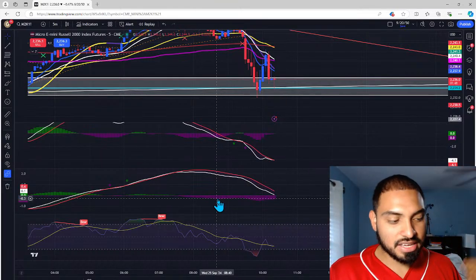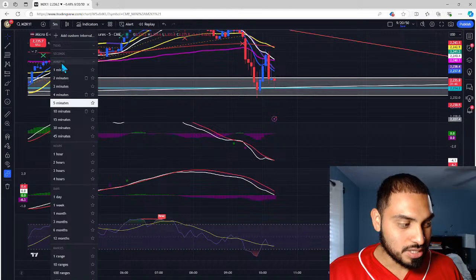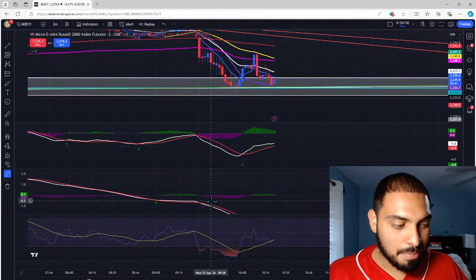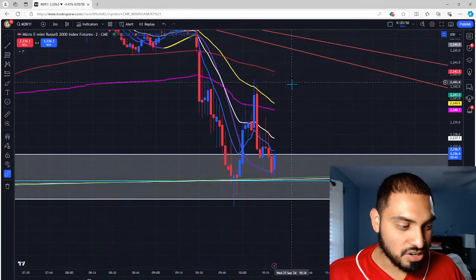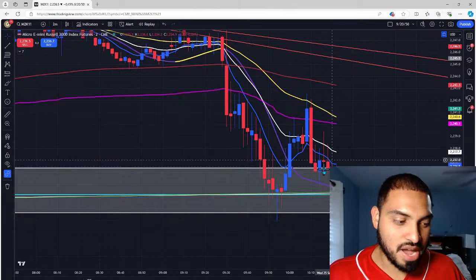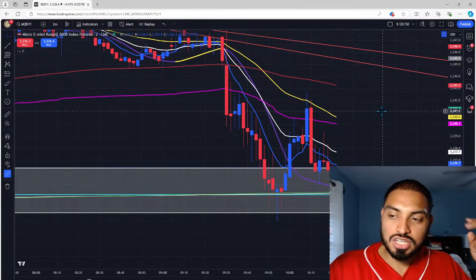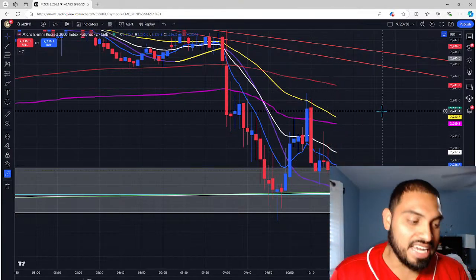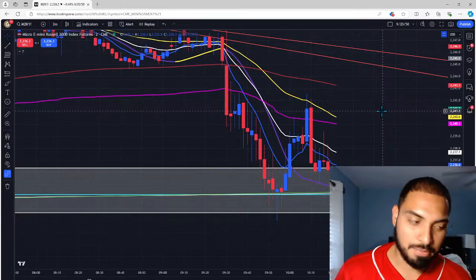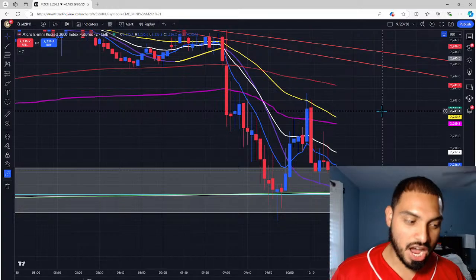Broader trend MACD coming down. You go to the 2-minute, MACD coming up, and you're going to see this choppy price action right here, back and forth. Two conflicting time frames is going to give you some chop. It's one way to experience chop.